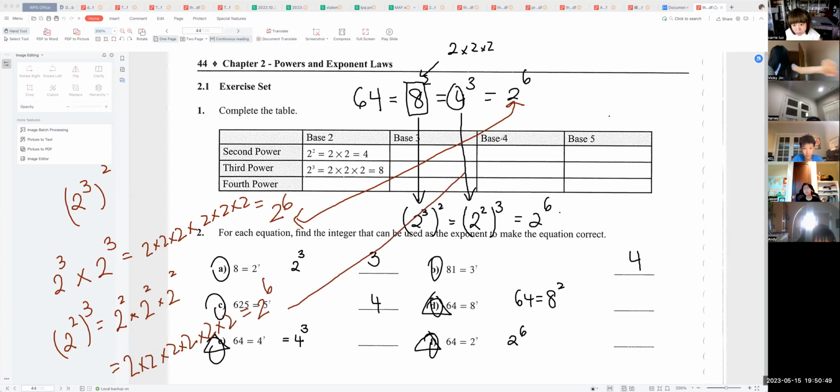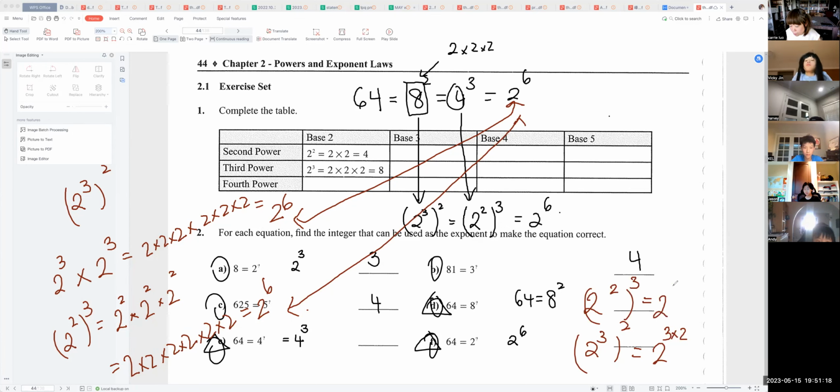Okay, everybody, I want to introduce something that in your school they're going to tell you a couple of weeks later, but I'm going to jump directly to that chapter. If you have 2 to the power 3 squared, Vicky, it equals 2 to the power 3 times 2. Get it? And 2 to the power 2, Andy, if it is power 3, equals 2 to the power 2 times 3. So both of them equal 2 to the power 6.